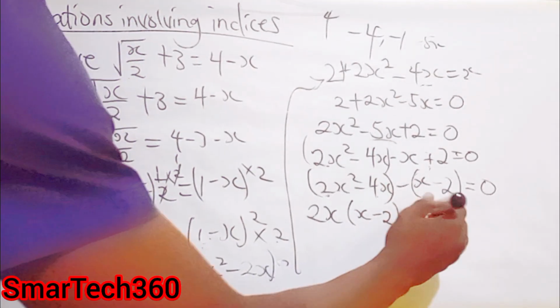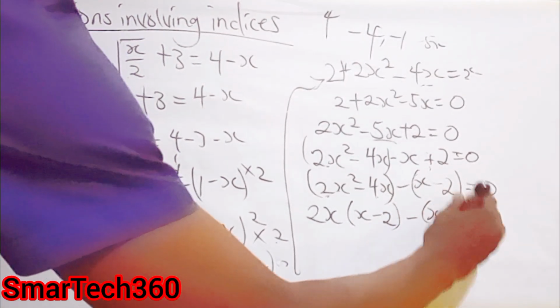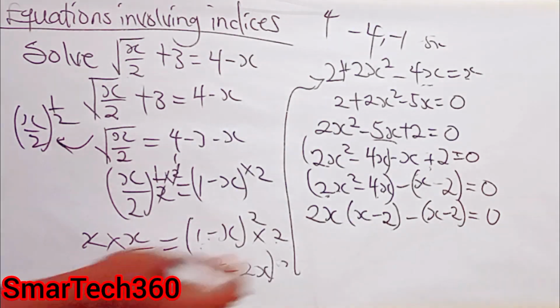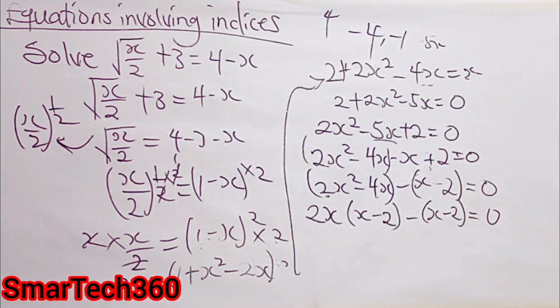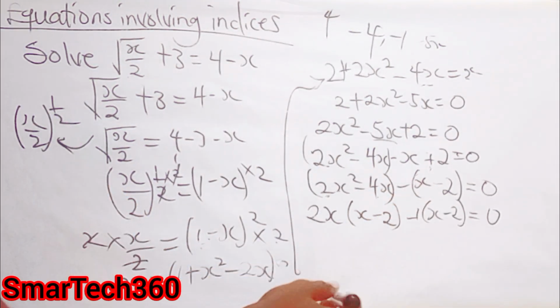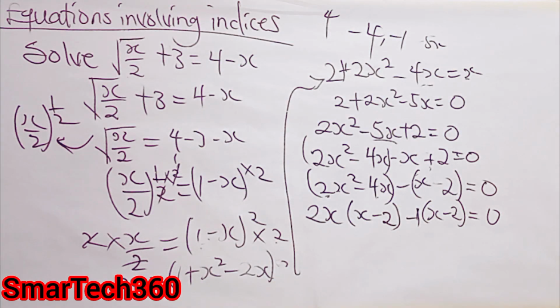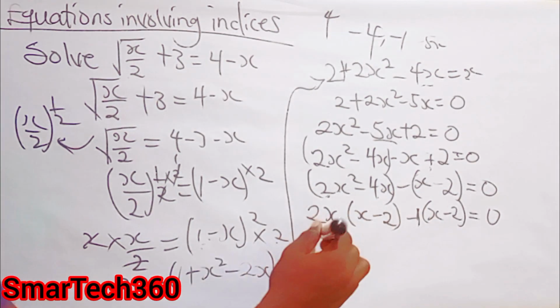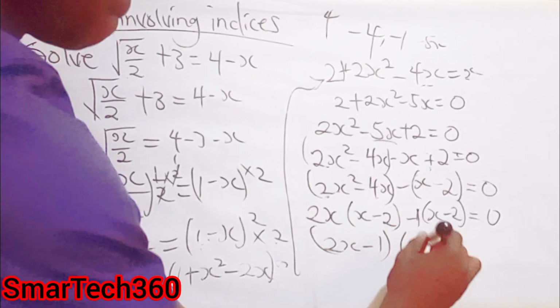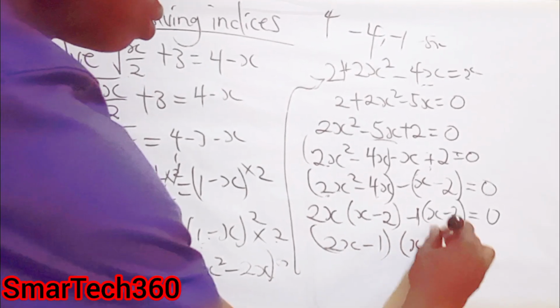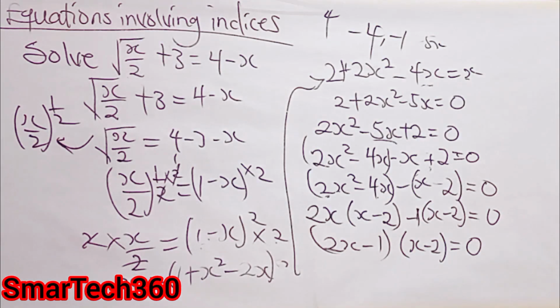Then minus x minus 2 equal to 0. Now you realize this in the bracket is the same as that here. Know that there's 1 attached to this one. So we take this and that is 2x minus 1, then x minus 2 equal to 0.